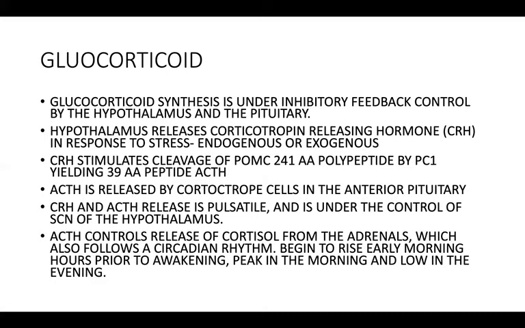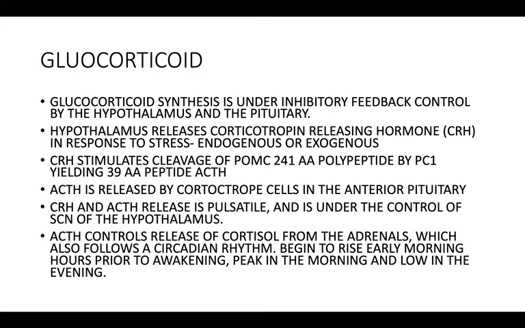Now, this CRH stimulates the cleavage of POMC, that is pro-opiomelanocortin. Pro-opiomelanocortin, which is a 241 amino acid polypeptide chain, is cleaved by pro-convertase 1, yielding the 39 amino acid peptide ACTH.